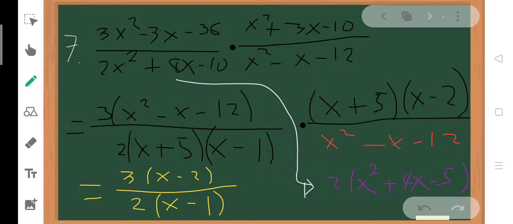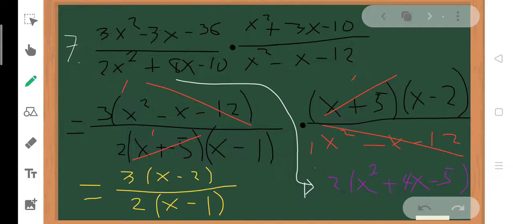So x squared minus x minus 12 divided by x squared minus x minus 12 is equal to 1, and this one becomes 1. Now for x plus 5, we have x plus 5 here and x plus 5 here, so this becomes 1 and this becomes 1.